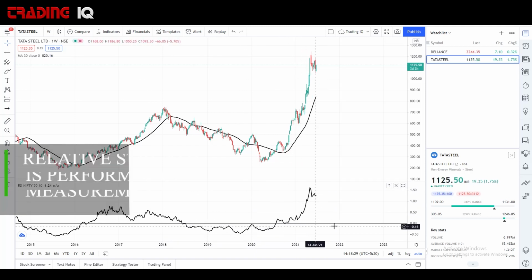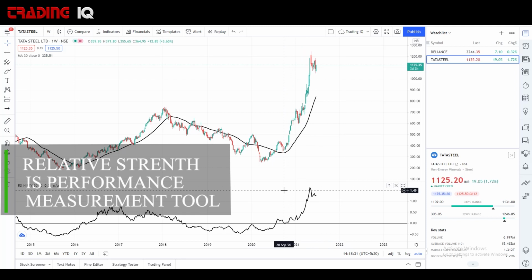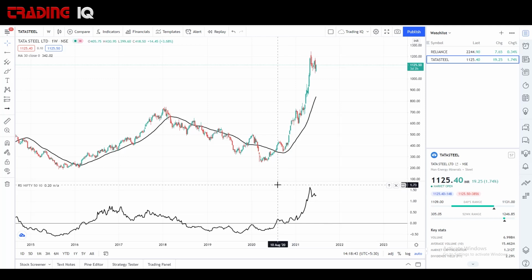This is a performance measurement tool, showing how the stock is performing when compared with the market. So relative strength gives you an indication that this given stock is performing better than the market.